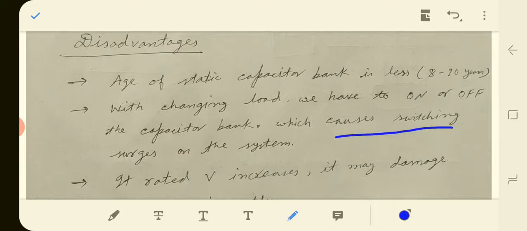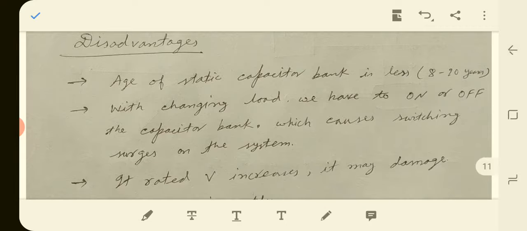Switching surges means an abrupt change in current or voltage in a system. As the magnitude of current changes, there will be switching surges in the system.